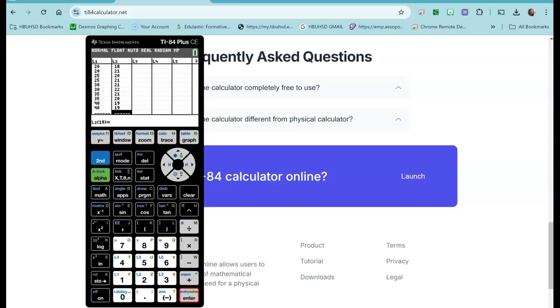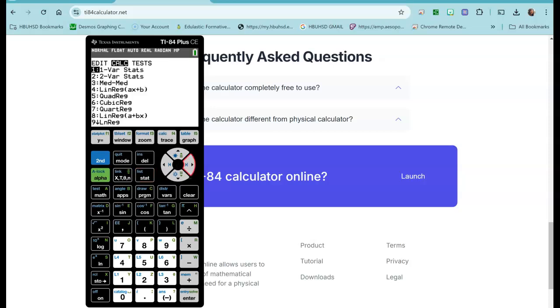So now part A says, use the graphing utility to draw a scatter diagram of the data. So how we're gonna do this is hit stats again. I want you to go over and go to calc. First, I want you to run a linear regression, which is number 4.